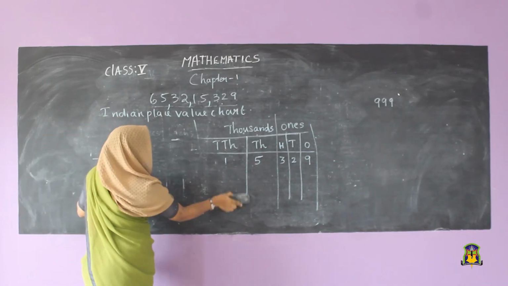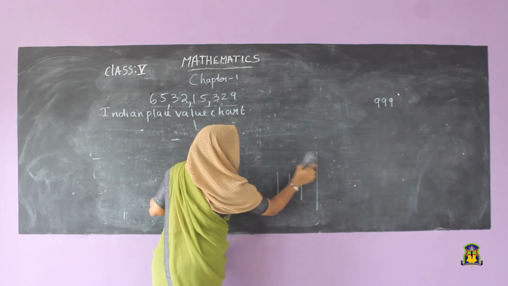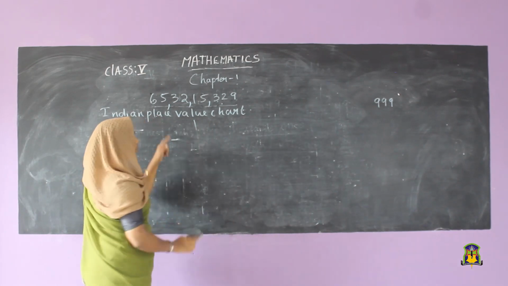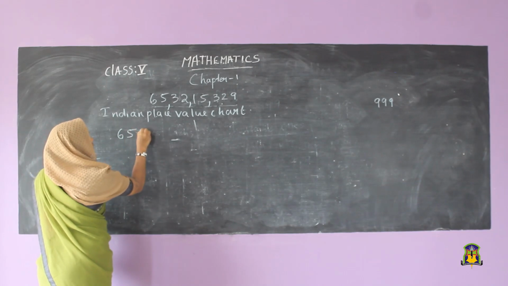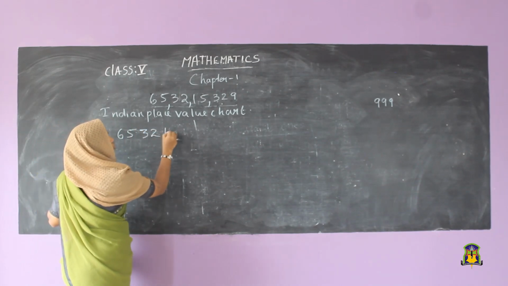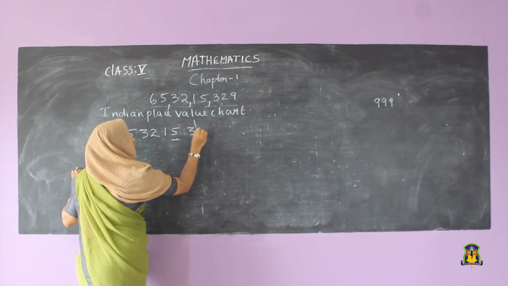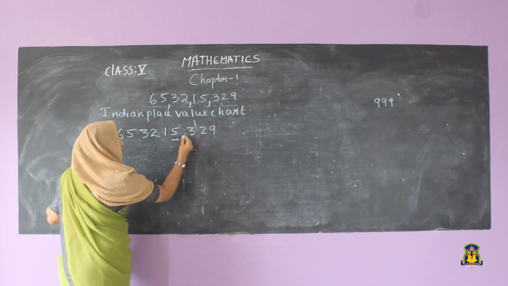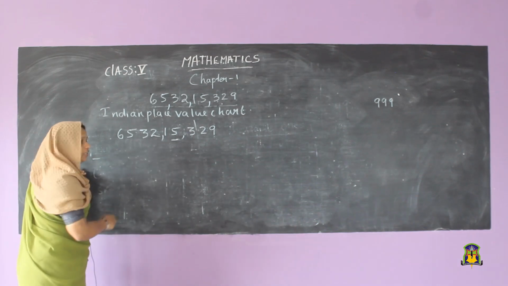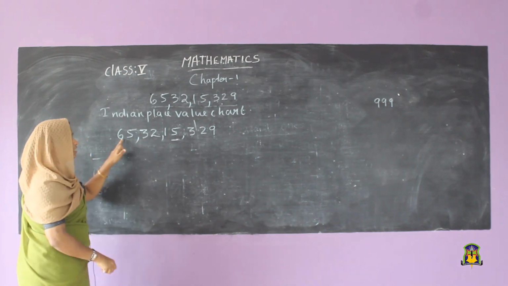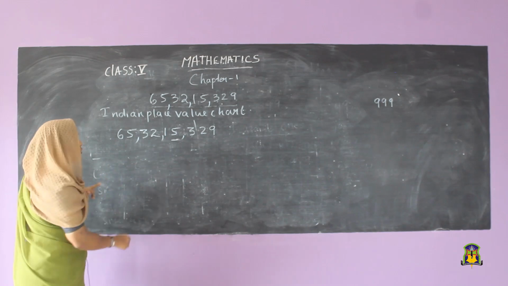I will write this once again. Our number is 6, 5, 3, 2, 1, 5, 3, 2, 9. The ones period I separated, next the thousands period I separated, then here lakhs and this one 65 crores.